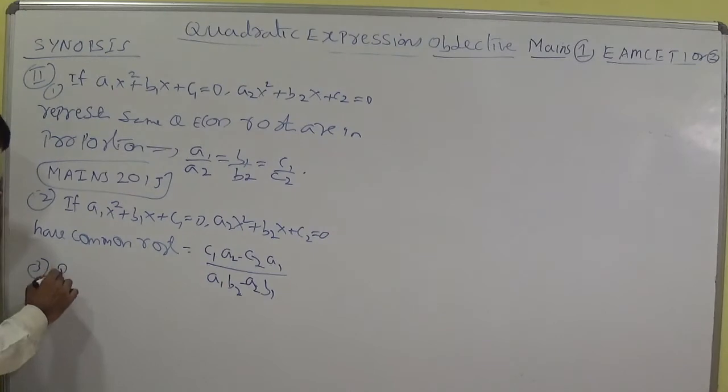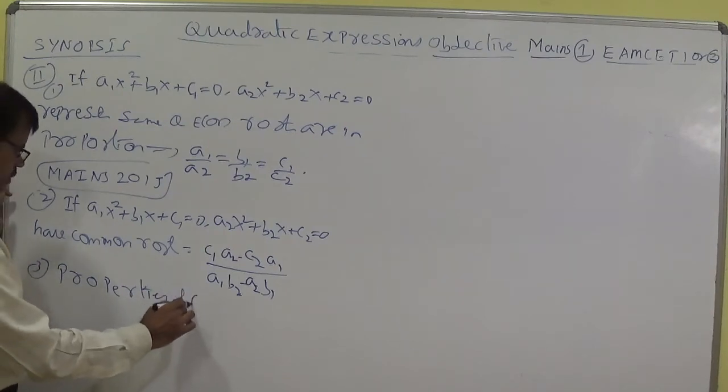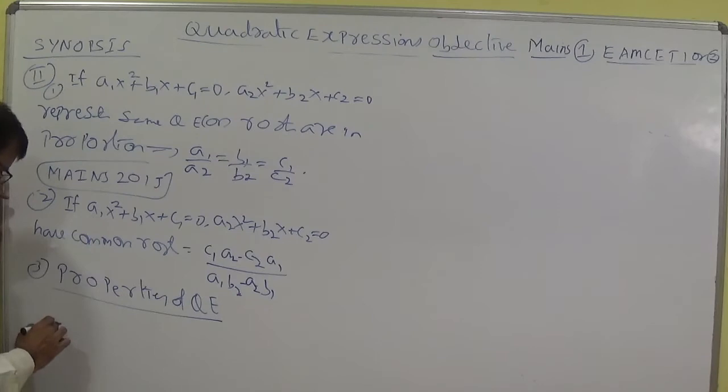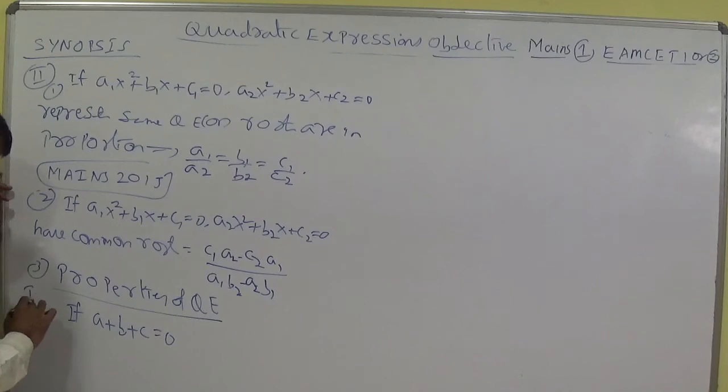Third one, properties of quadratic equations with conditions. Among these, if a plus b plus c is equal to 0, this is the most important property, students, of course for MSET only.